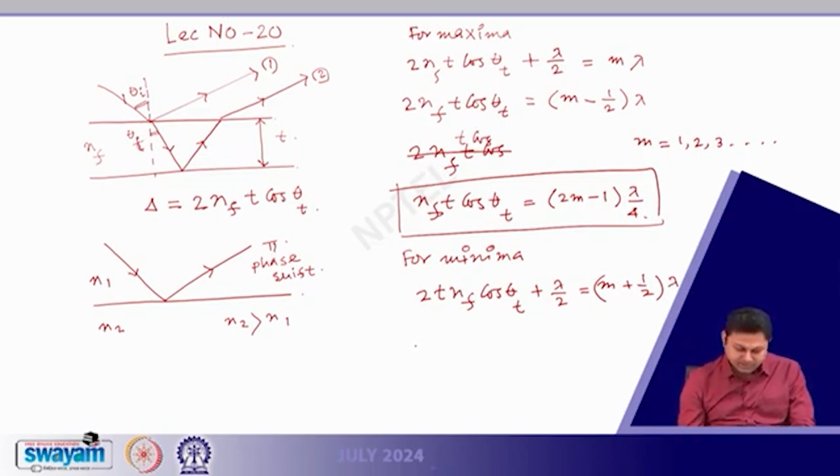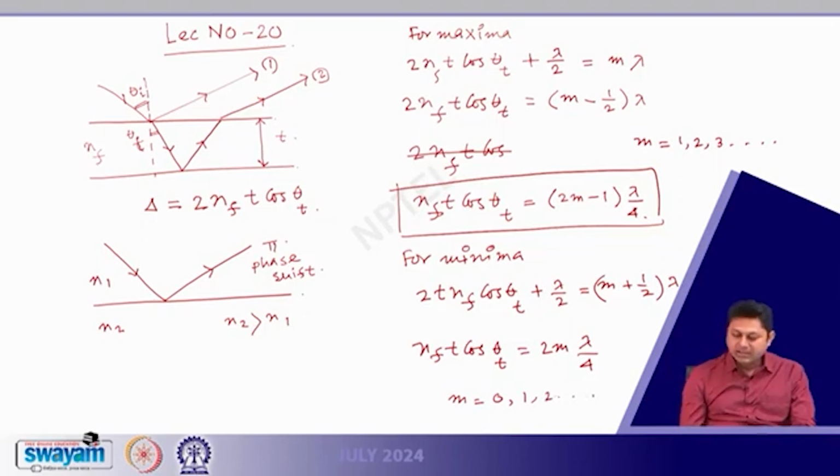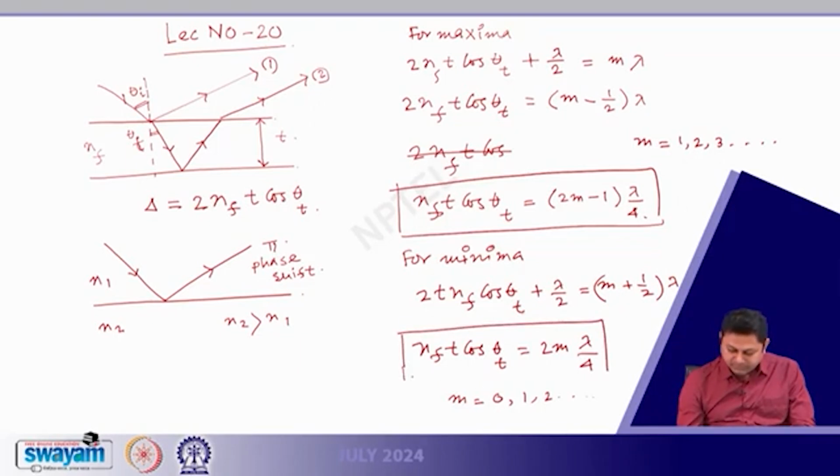So essentially we get nf t cos theta t equal to 2m lambda by 4, where m can have the value 0, 1, 2, etc. Here I am allowed to put the value m equal to 0. So this is the expression for the condition for minima.